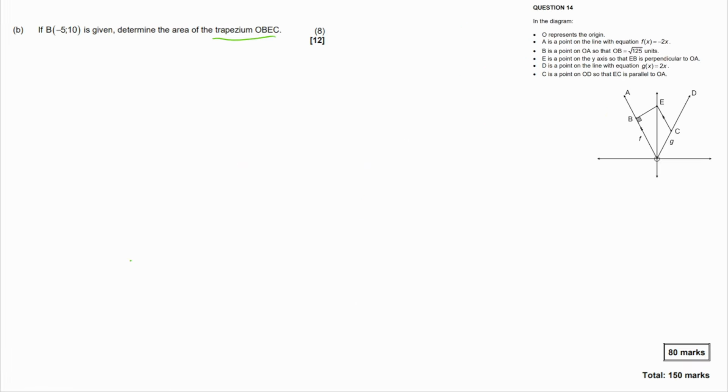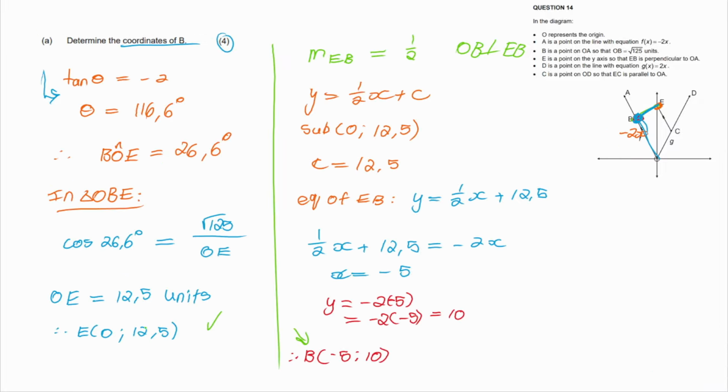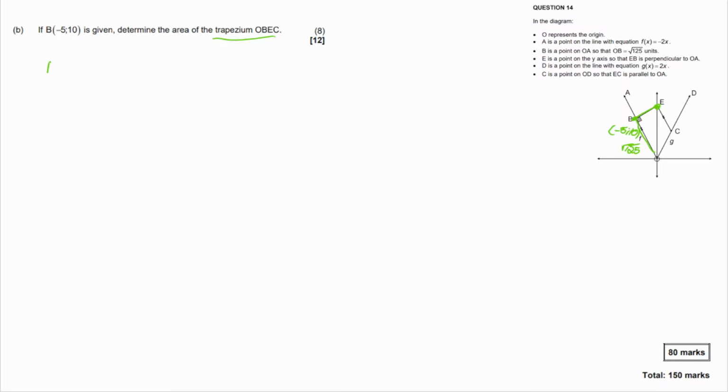So we know that the coordinate here is minus 5, 10. We know this distance over here, that's our base, root 125. So we need this distance BE, because that's the height of this triangle. But we know the coordinates of E. We showed that the coordinates of E was this. To find the distance BE, we're just going to use the distance formula.